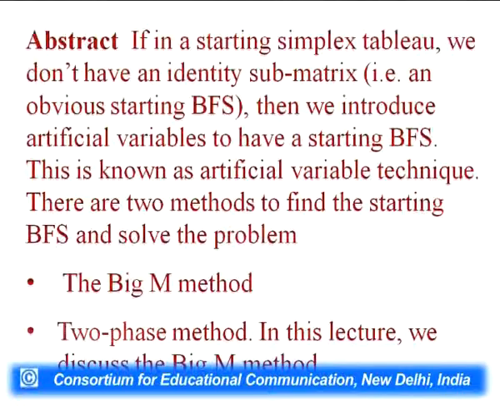This is also known as the artificial variable technique. There are two methods to find the starting basic feasible solution and solve the problem. The first one is the big M method and the second one is the two-phase method. In this lecture, we discuss the big M method only.